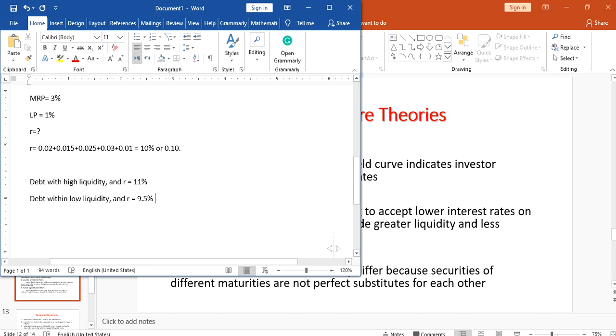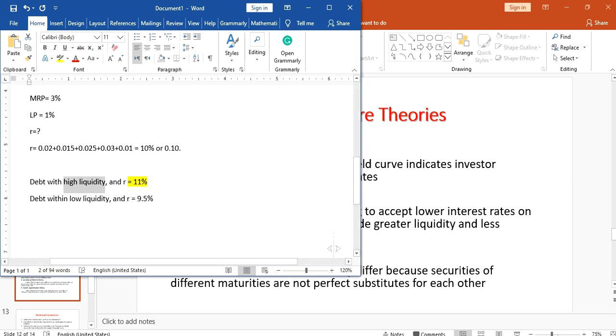But liquidity preference theory says the investors will go for this one even with its higher rate, because it has high liquidity.